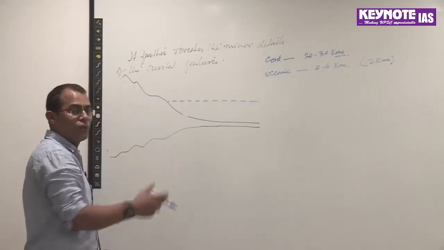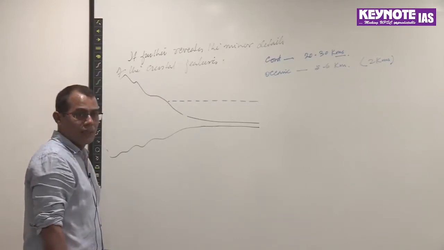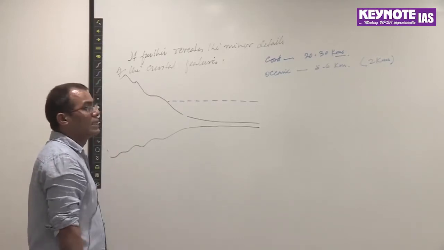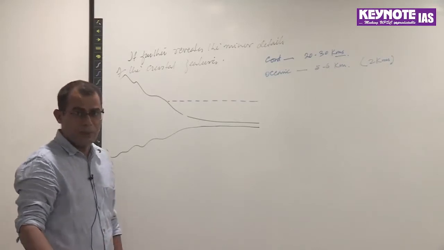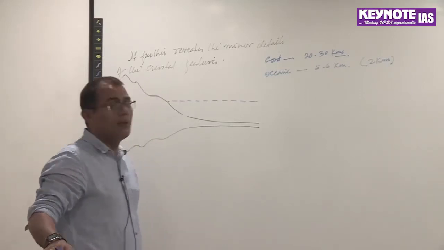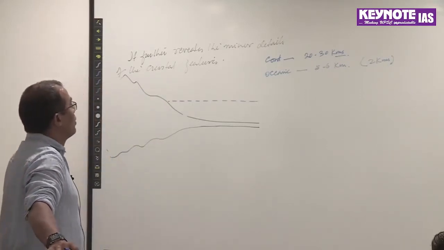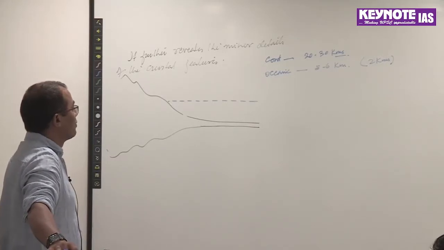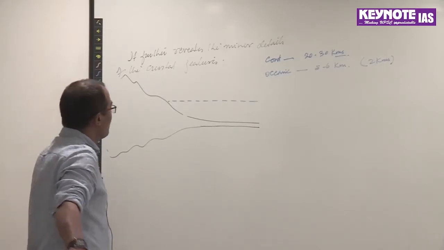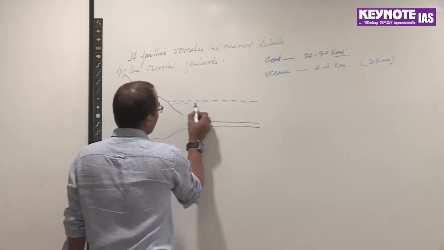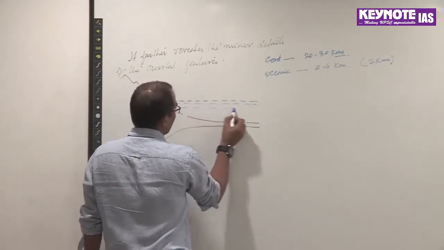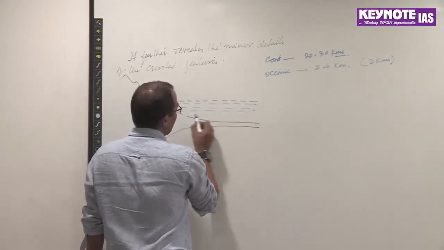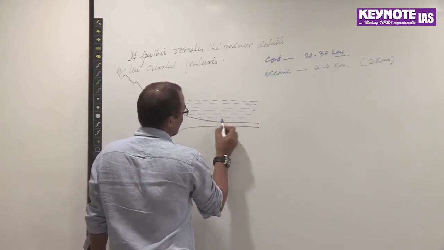That's what will be useful in isostasy and talking about the Sial and Sima concept of Wegener when we deal with the continental drift theory. Do make this diagram whenever you are explaining the interior of the earth.